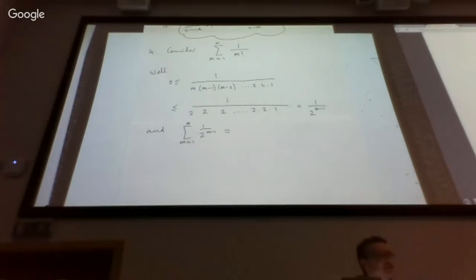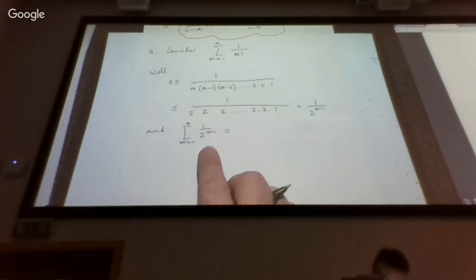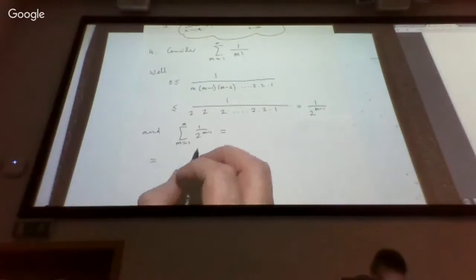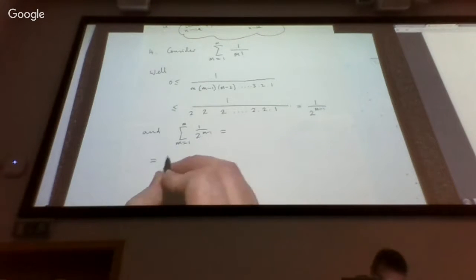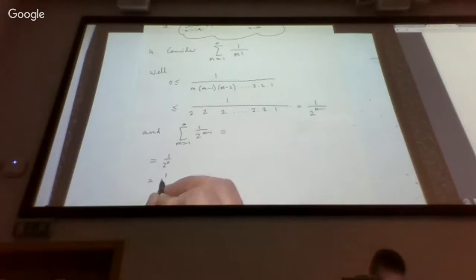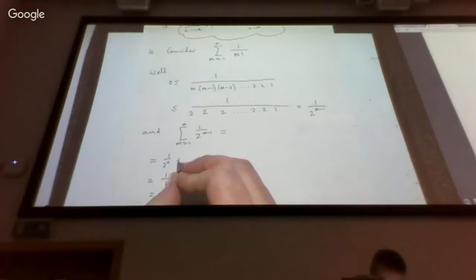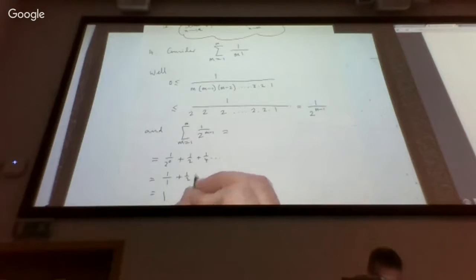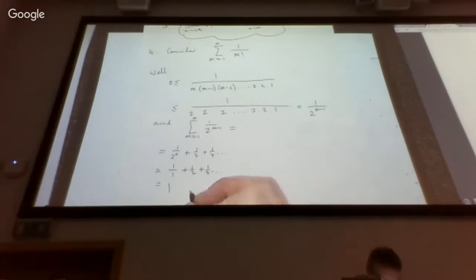Well, when m is 1, what does it look like at the beginning? It looks like when m is 1, it's 1 over 2 to the power 0, which is 1 over 1, which is 1. And then you have the half and the quarter and so on. It's 2, yeah, 2.